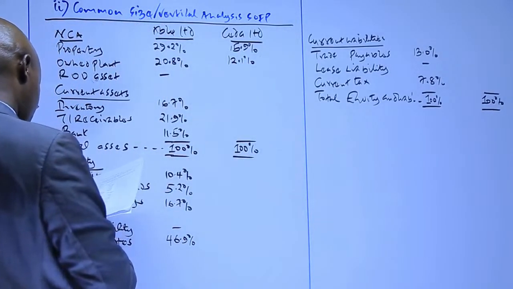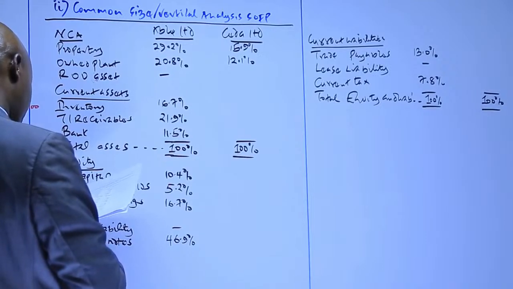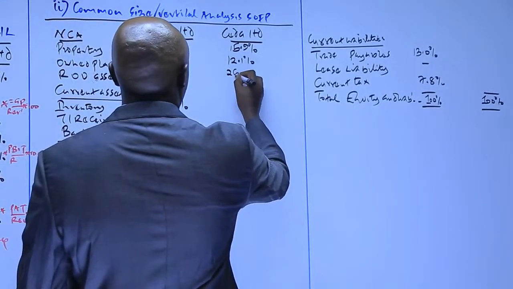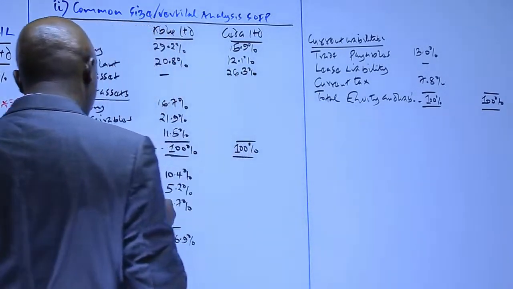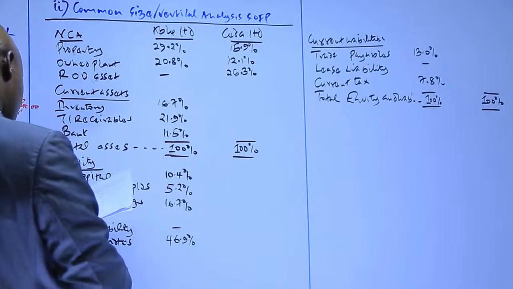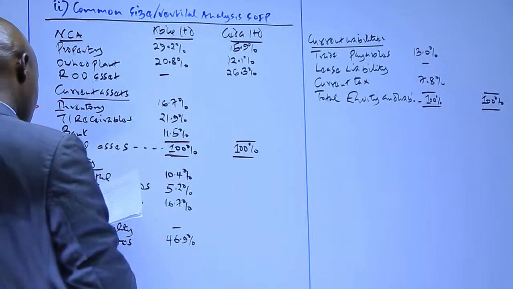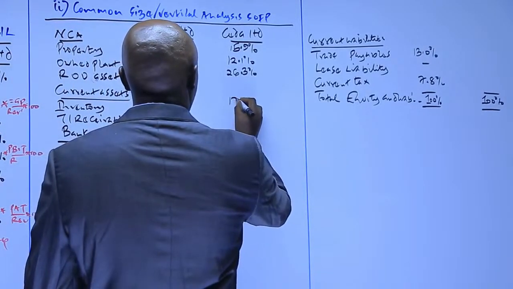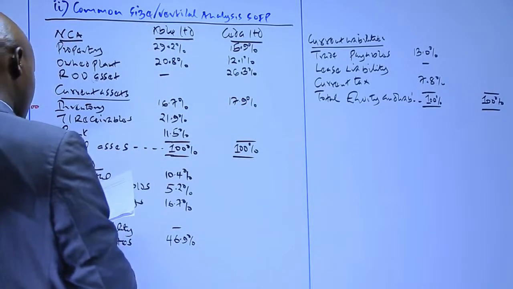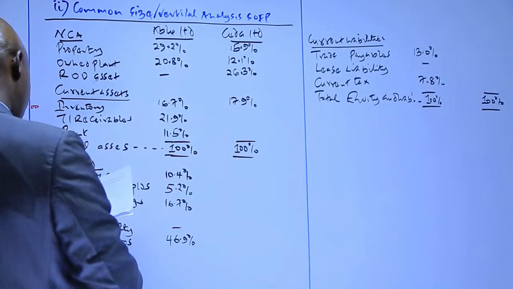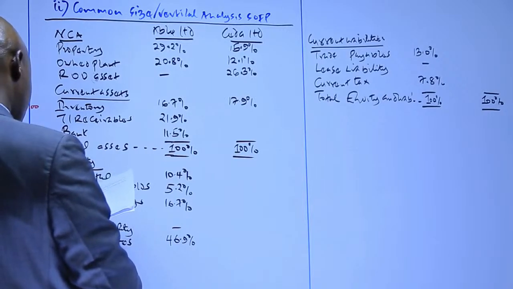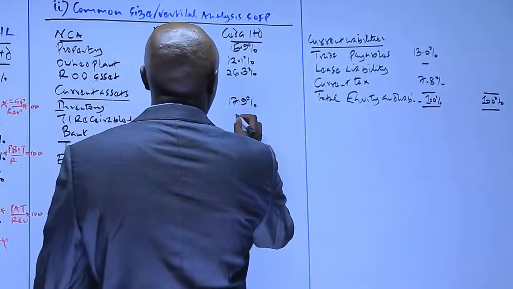And then we have the right of use asset, 17,500 divided by 66,500, which is 26.3%. We go to current assets. We start with the inventory, 11,900 divided by 66,500, which will give us 17.9%. Then the other item, receivables, 17,850 divided by 66,500, which is 26.8%.